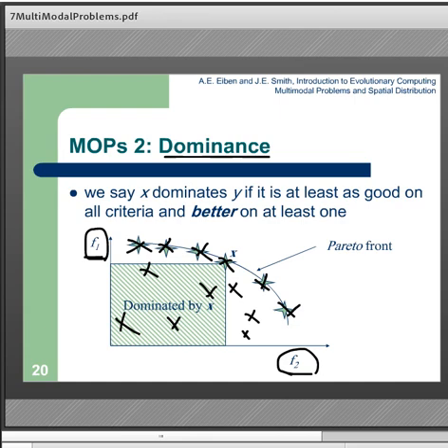But we can't find one solution because, for example, if all of the solutions are here, is this solution the best by F1 or F2? Can you tell me whether this solution is the best by fitness 1 or fitness 2? Which one? Please type for me.